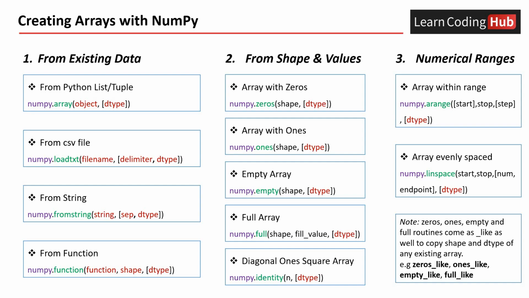Okay, so the next one is the full array. It is similar to zeros and ones. Zeros and ones give you 0s or 1s, but with full you can specify any fill value, as you can see. Same concept.